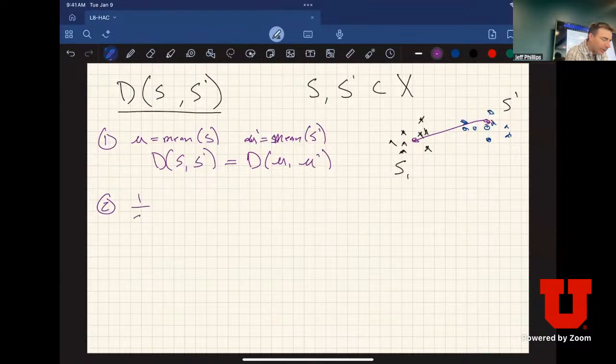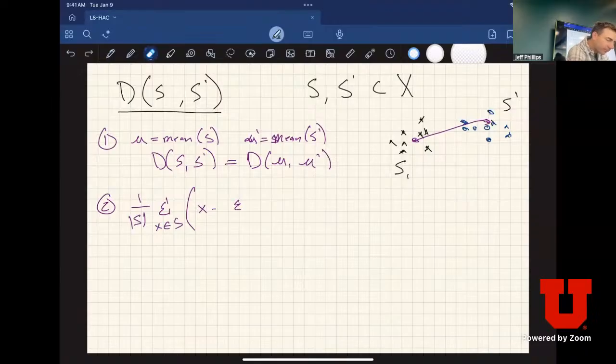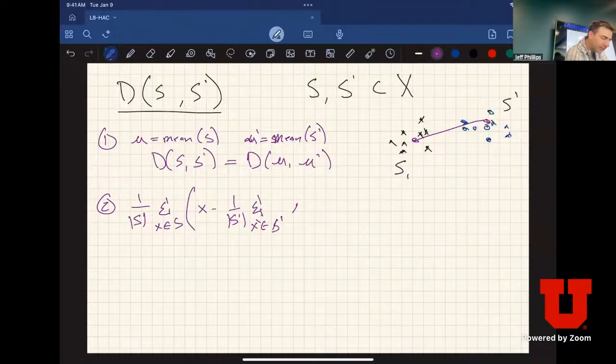So I'm going to say 1 over S, for all the points X in S, then I'm going to measure X minus 1 over S prime, X prime in S prime. Let me actually just write it this way.